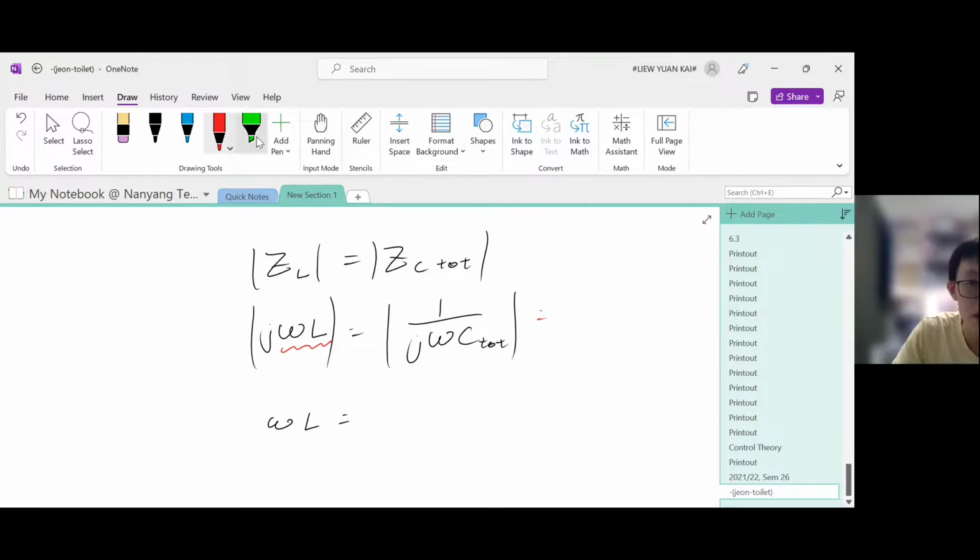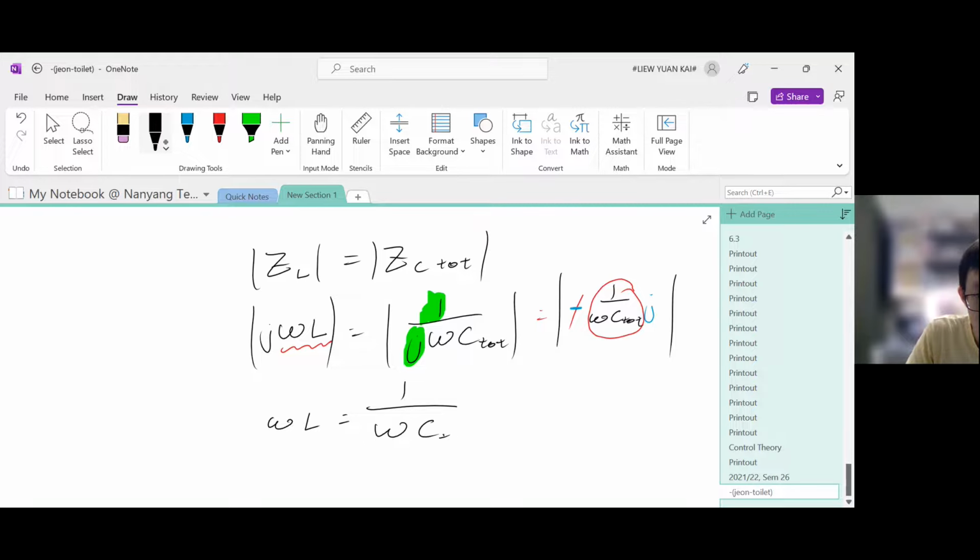Remember, when you see 1 over j, you can change it to negative j. So I'll change it to negative j, and everything else you copy down, so 1 over omega C total. Don't forget the absolute value. When you take the magnitude, you can drop away the negative, and you only take the part in front of the j. So 1 over omega C total.